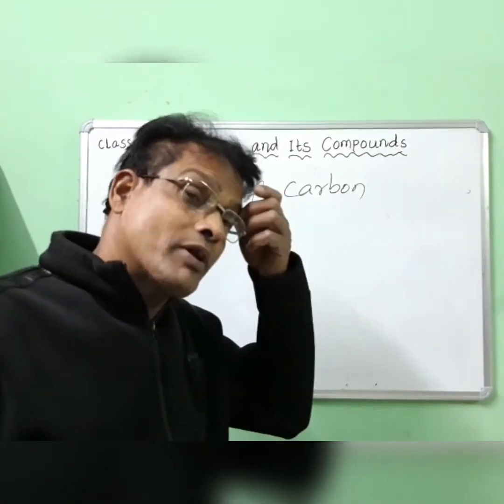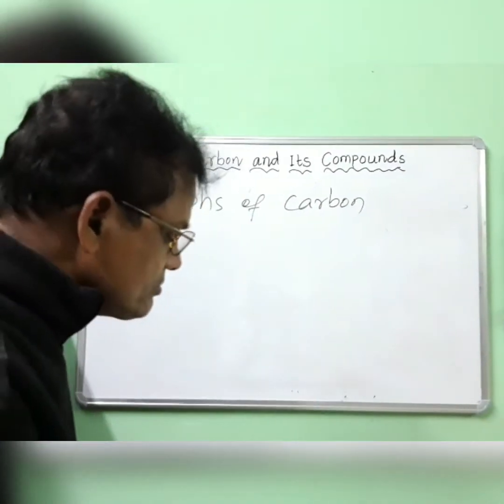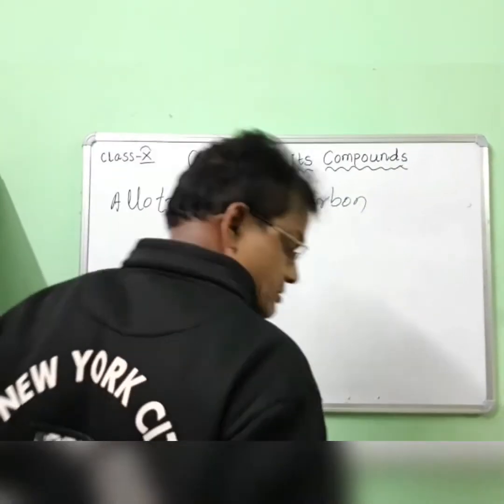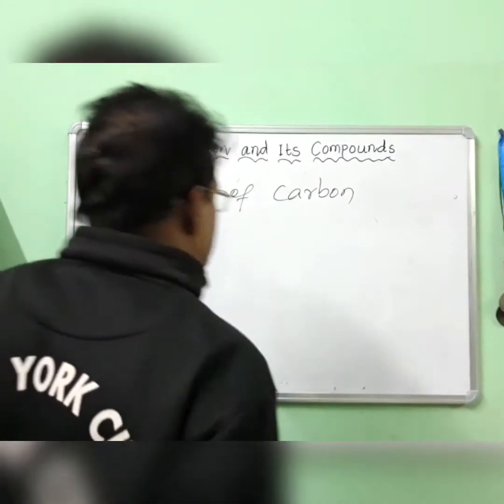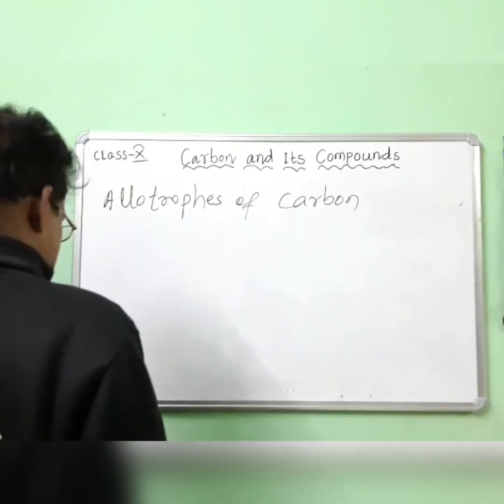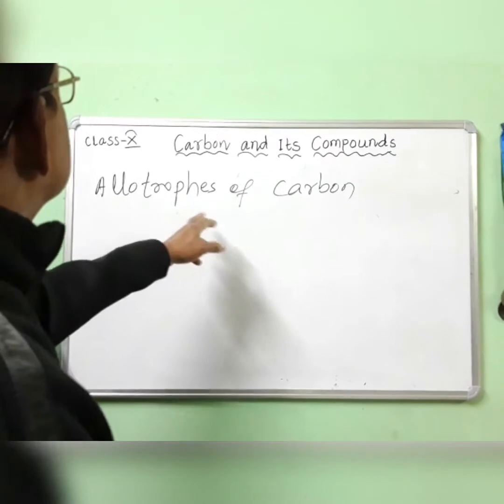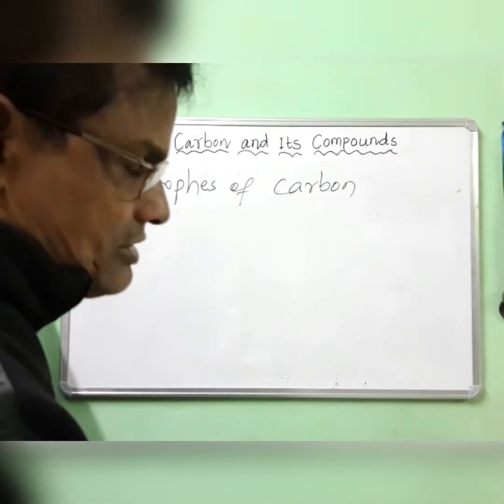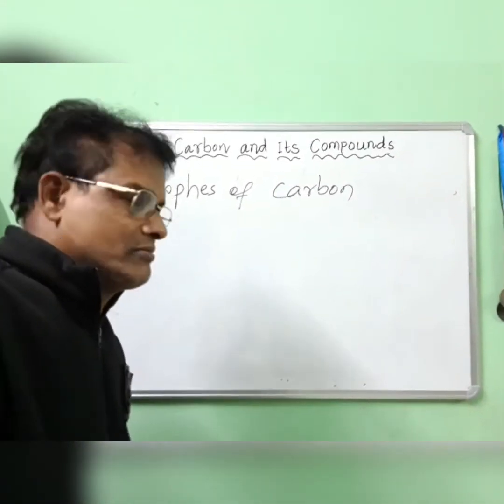Okay. Allotropic forms of carbon, allotropes. Okay, allotropes of carbon, that is allotropic forms of carbon.